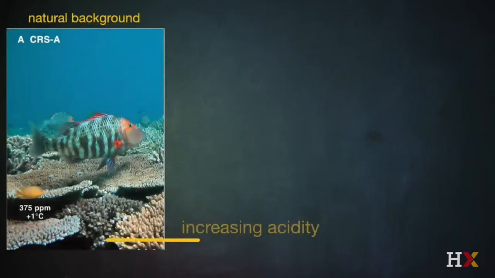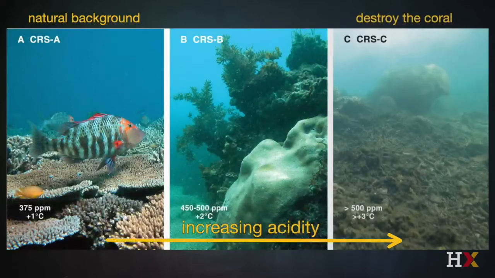So if we take a natural background and we increase the acidity, we very quickly destroy the coral, because the coral is symbiotic with microbes on its surface, and it's those microbes that are destroyed by higher temperature and higher acidity. So many examples exist globally that couple this carbon chemistry into future climate change and the survival of organisms within the ocean.